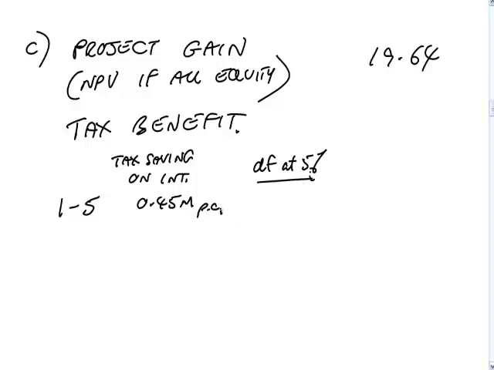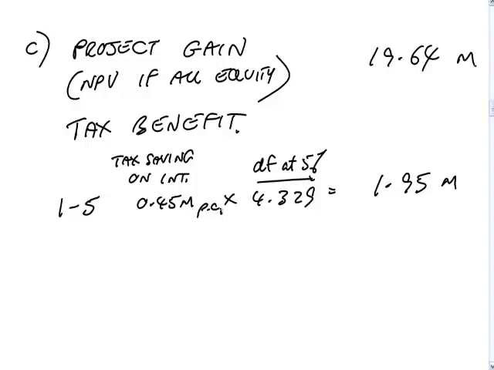The 5-year annuity factor at 5% is 4.329? True? And so, the present value of the benefit, I think, to two places, is it 1.95 million?